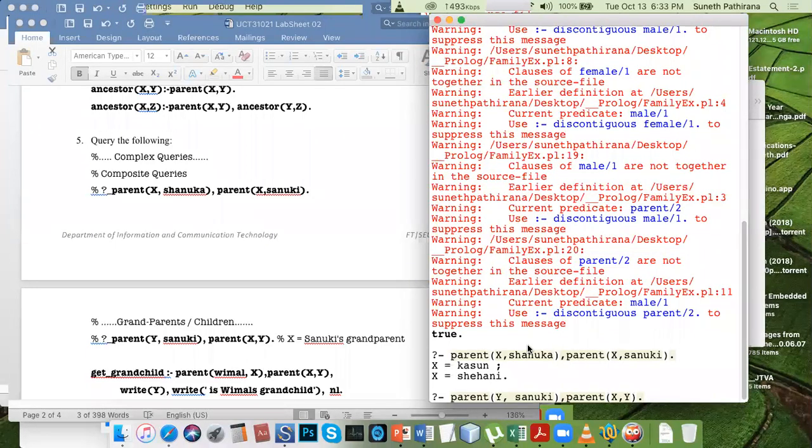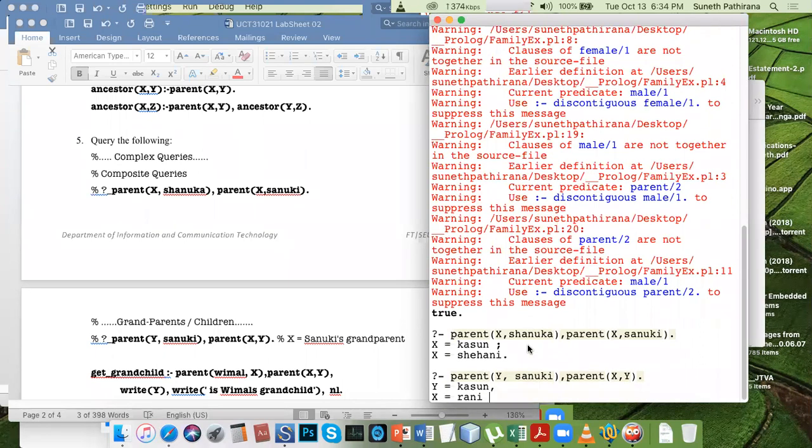Sanuki's grandparent. That means, for an example, X is the parent of Y. X is the parent of Y. Y is the parent of Sanuki. Then X means the grandparent of Sanuki.